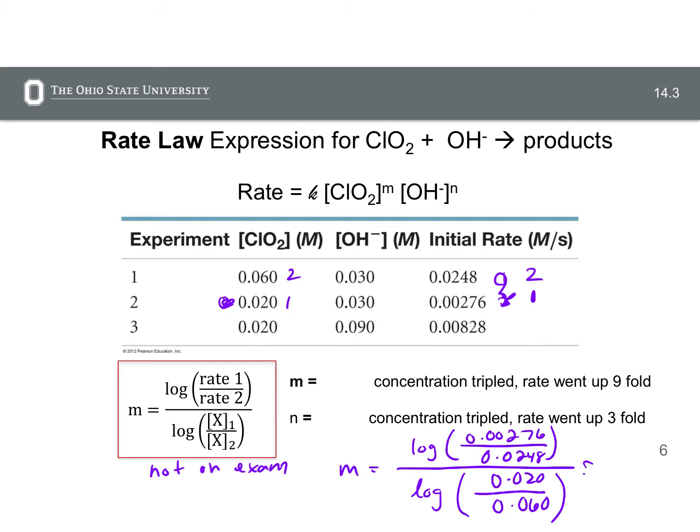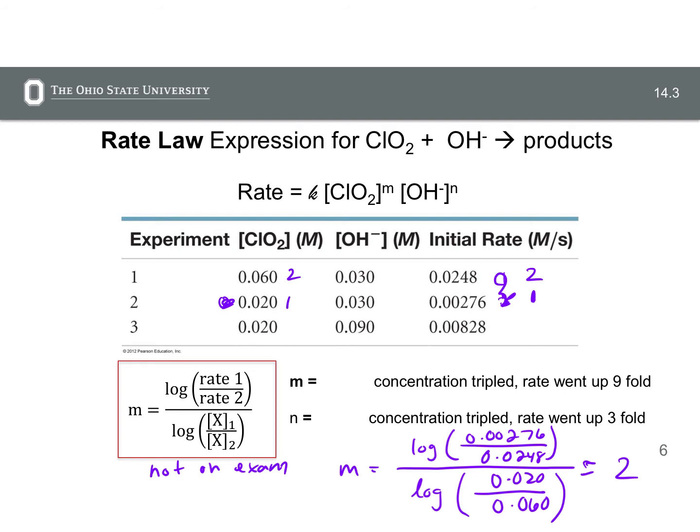Okay? And so, I think we end up with what here? So this is m, tripled up at 9, so that's 2. I didn't do the math on that one.